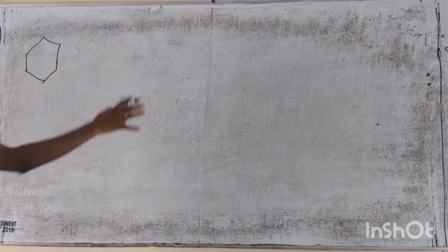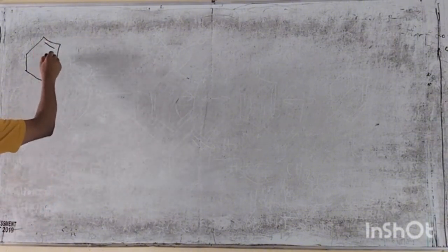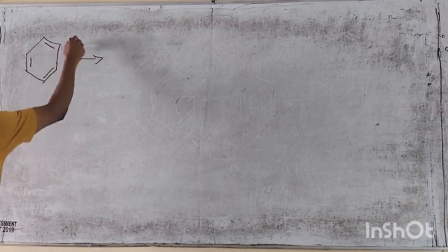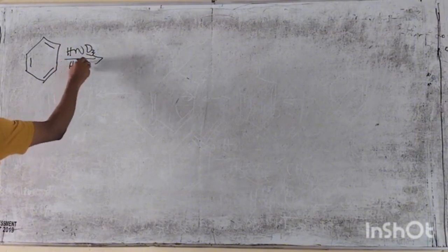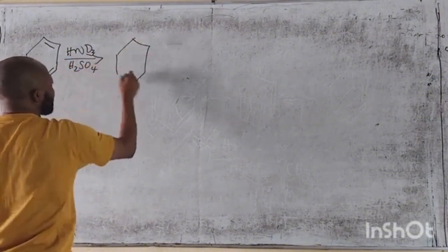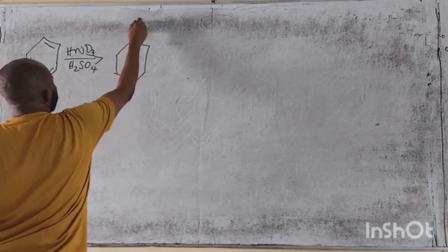I'm trying to economize the board so that I can cover a whole lot of space. Okay, I have this. Nitration will first take place, HNO3, H2SO4. Give me this. Alright, I have my NO2 here now.